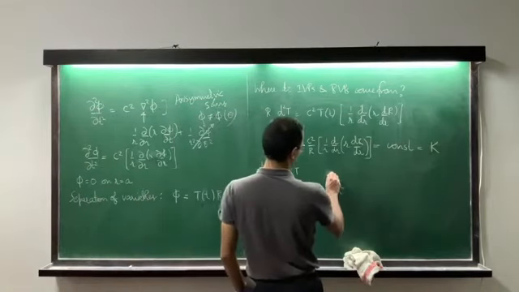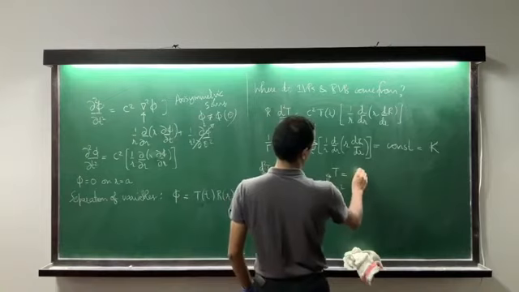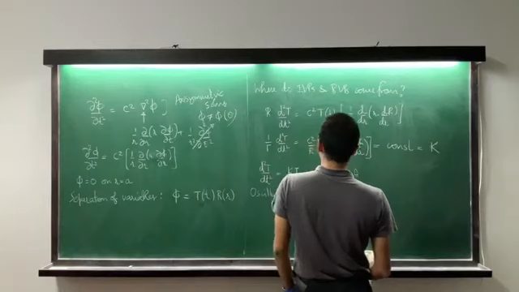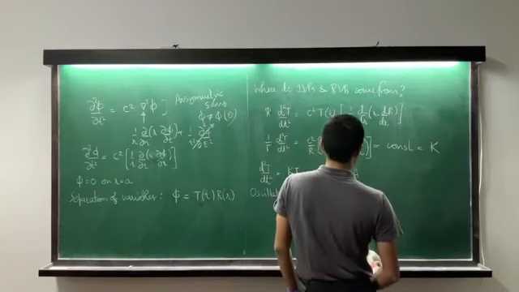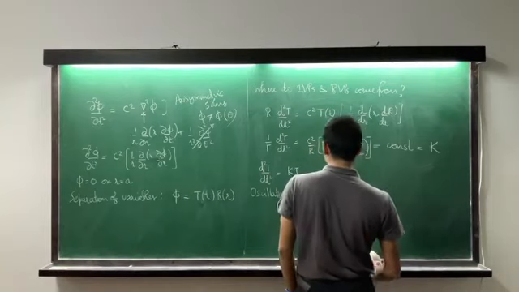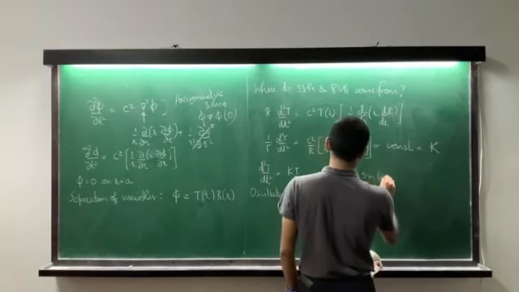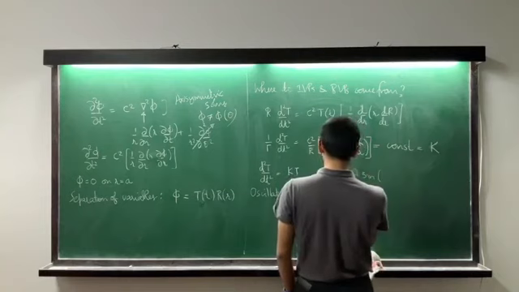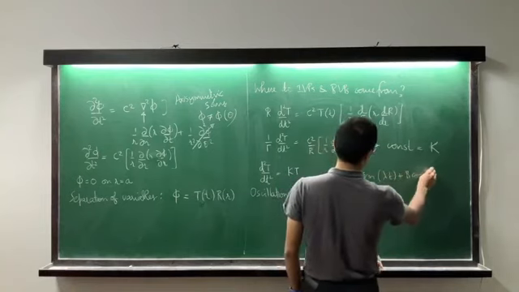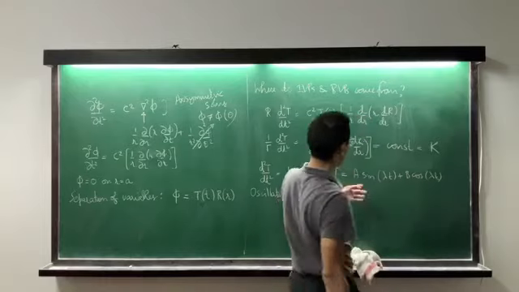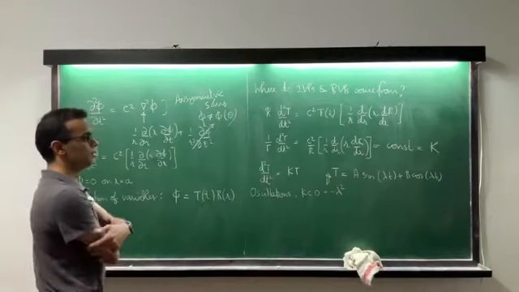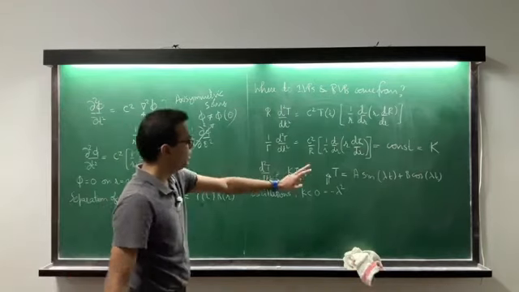If you do this, then you will get T is some A sin(λt) plus B cos(λt). A and B are two unknown constants, we don't know what they are, so we're going to leave them aside for now. They have to come from the initial conditions.